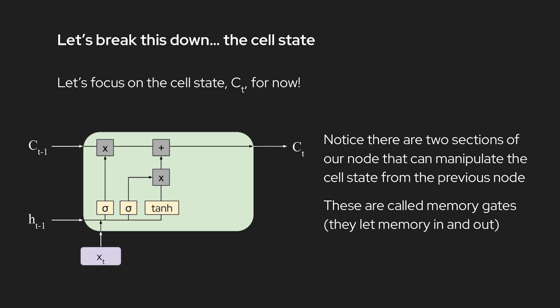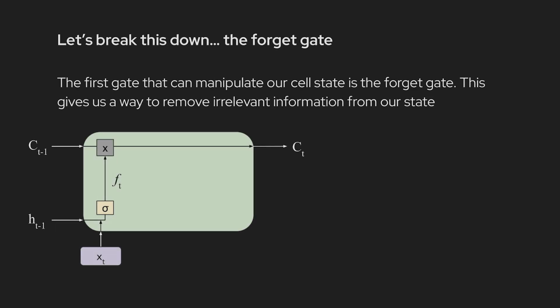Let's focus in even more and zoom into exactly what this first gate on the left is. This first gate is known as the forget gate, which takes in our input at this time step, xt, and the hidden state of the previous time step, ht-1.